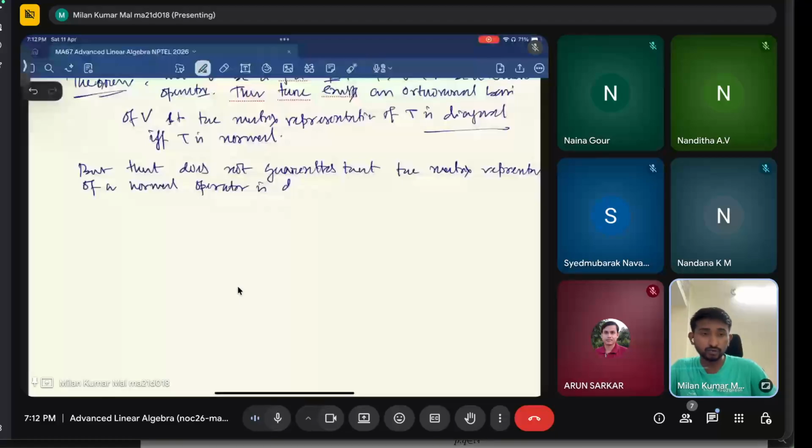We will have a basis with respect to which the matrix representation is diagonal, but that does not imply that for any basis you choose, the matrix representation is diagonal.